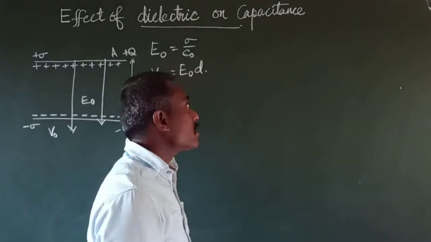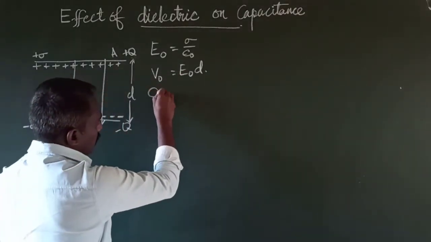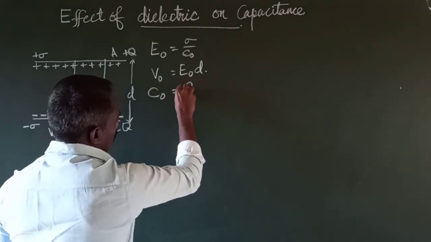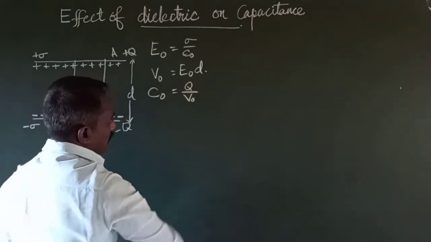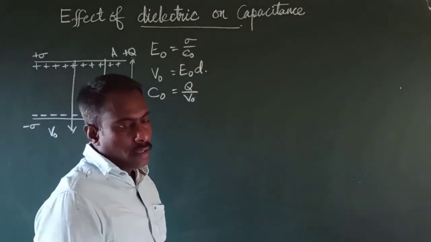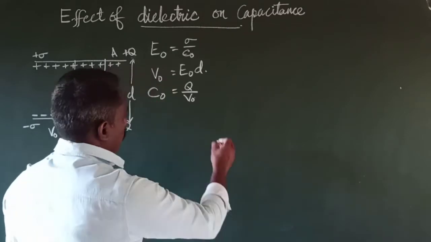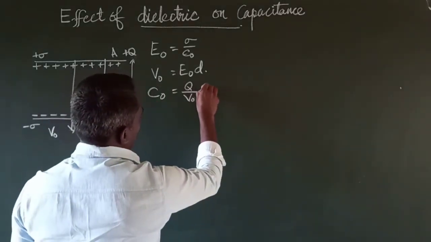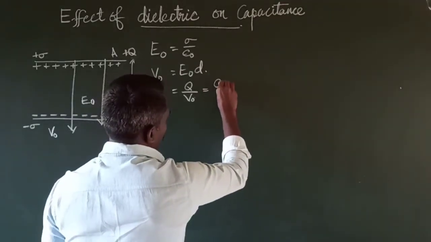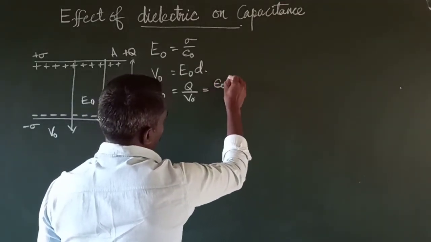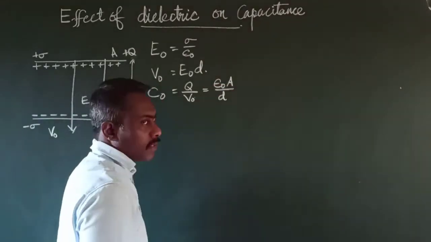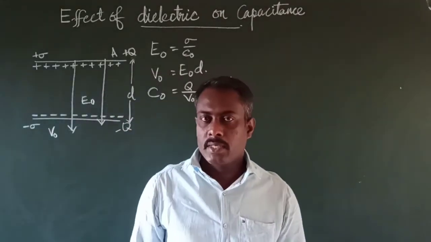Now the capacitance of these conductors, C0, can be written as Q divided by V naught, the potential difference between these two plates, and that is equal to epsilon 0 into A divided by D, the capacitance of the parallel plate capacitor.